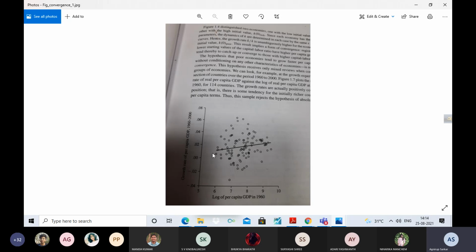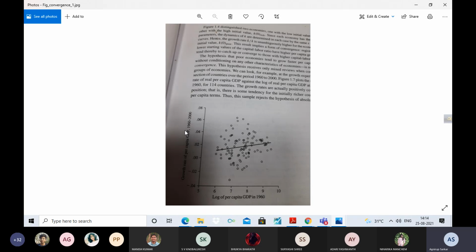Anyway, I hope you can see this figure. This is a scatter diagram. So basically what we're doing is we're looking into data from 1960 to 2000. In the y-axis, we have taken the growth rate of per capita GDP from 1960 to 2000.